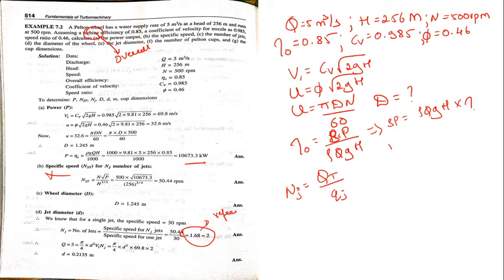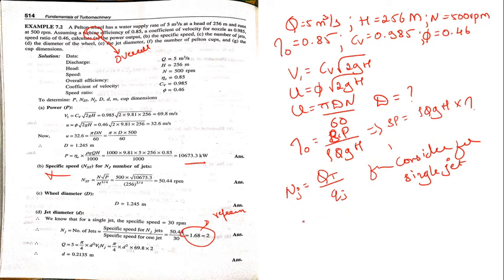Reference for a single jet it will be that much, or it will be 2. Other than that, if it is not given, then you can consider the number of jets is equal to 1. If in any case the data is missing, then you can consider a single jet and do the calculations. There is no doubt about it.